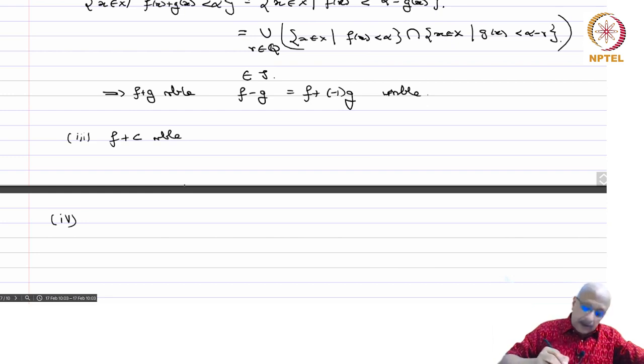Let alpha belong to R and alpha positive.